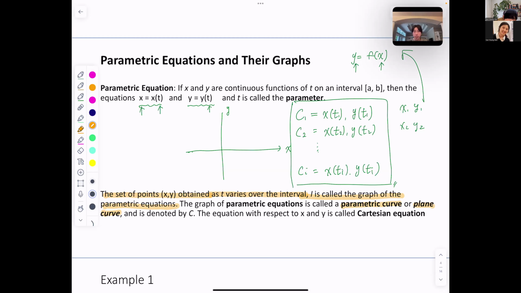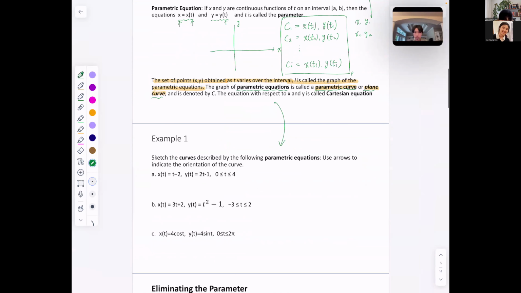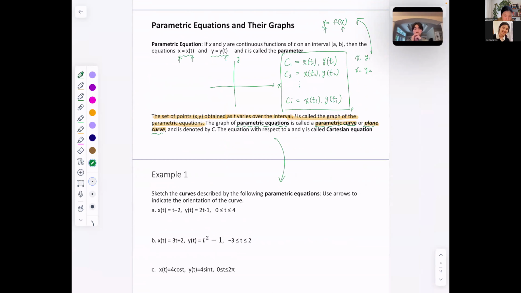These are all the same language, okay? Parametric equation, parametric curve, or plane curve, they're all indicating the same curve, okay? So I'm gonna go to the example here. By using this abstract concept, let's really look into the numbers, how it works.